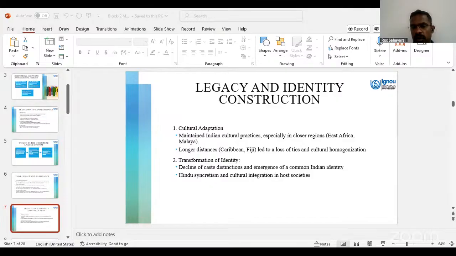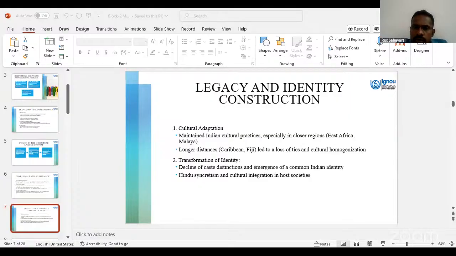That is very, very important, because those who went as indentured labor were the people who were struggling here to get their identity. Means they are probably from the scheduled caste communities, or those who are facing problems here.